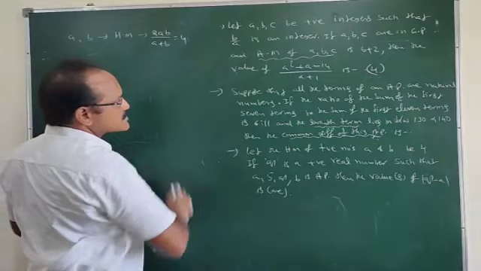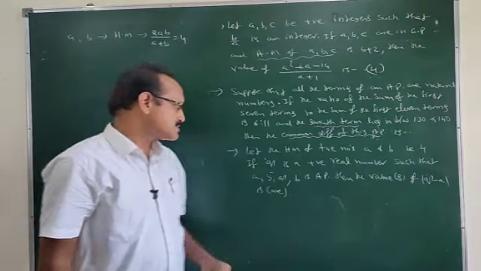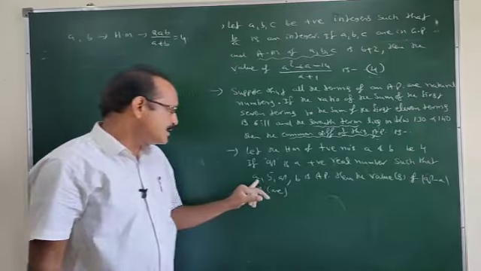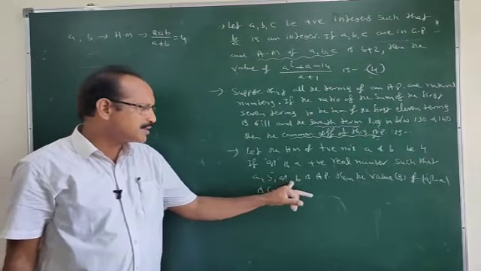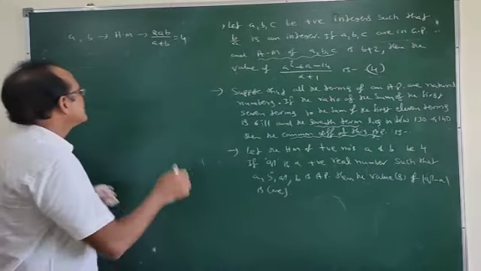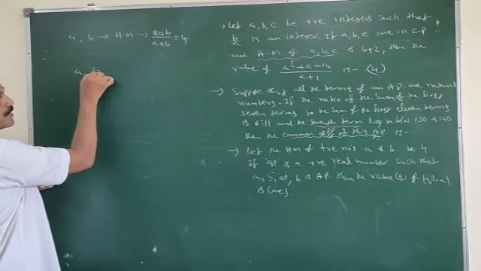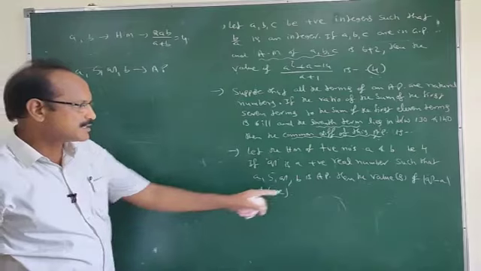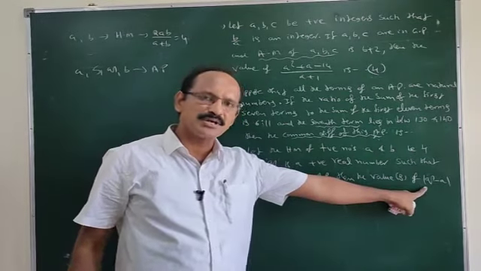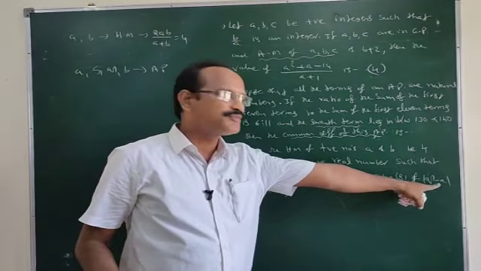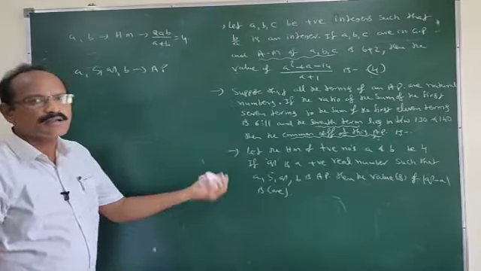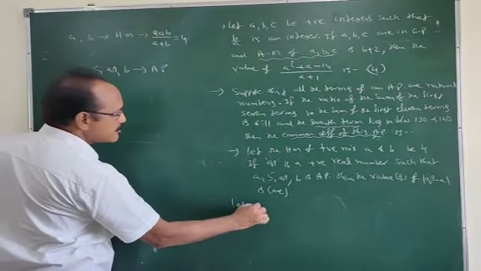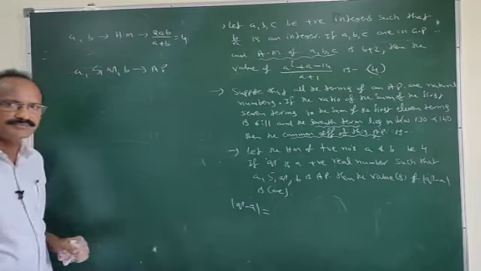Next, Q is a positive real number such that A, 5, Q, B are in AP, that is A, 5, Q, B are in arithmetic progression. Then the value of mod of Q minus A is R. You have to find finally the value or values of mod of Q minus A.